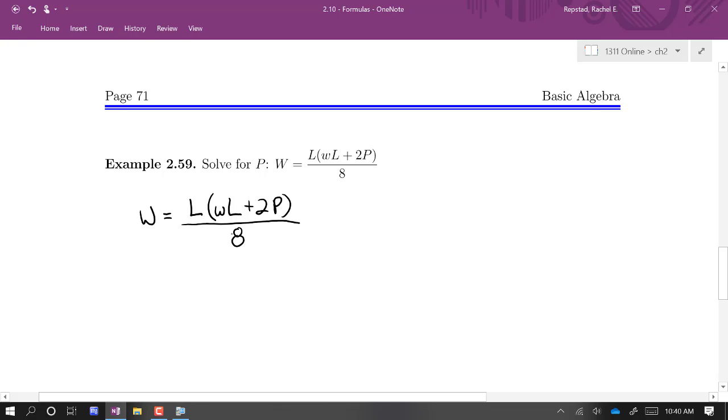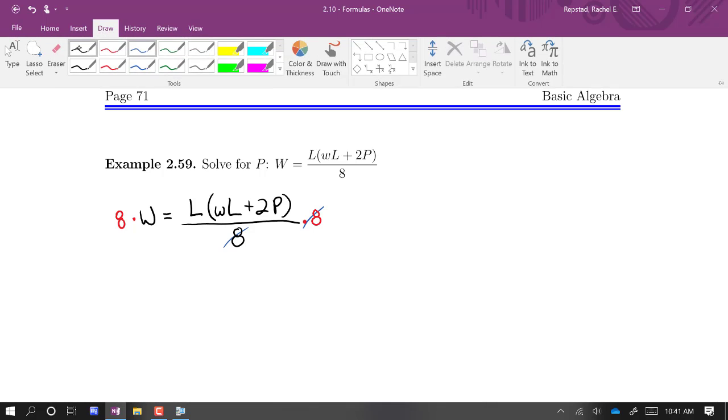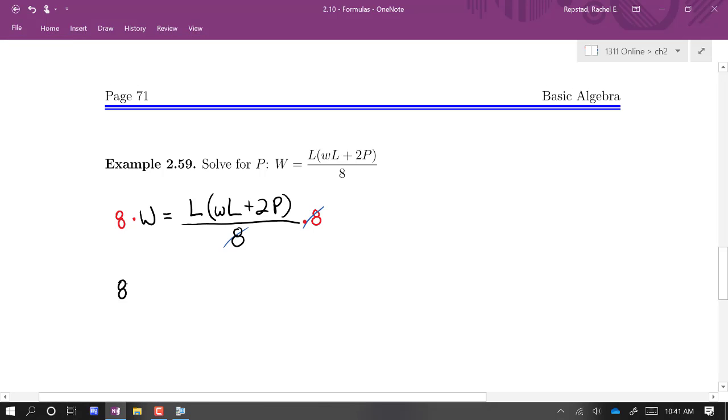So p is trapped inside a set of parentheses. We're going to get it out of the parentheses. Generally we do that by using the distributive property. Before we do that, though, I'm going to note this is an equation with fractions. I'm going to get rid of the fractions first. So I'm going to multiply both sides by 8. So now those cancel, and I have 8 big W is equal to little w L plus 2p.